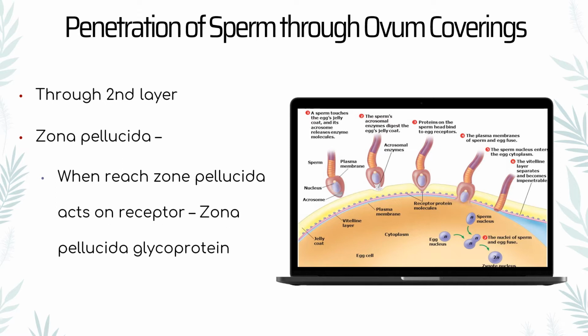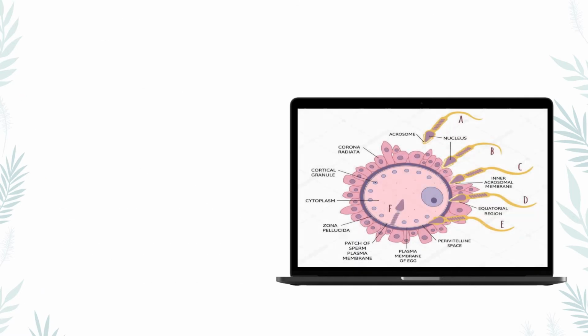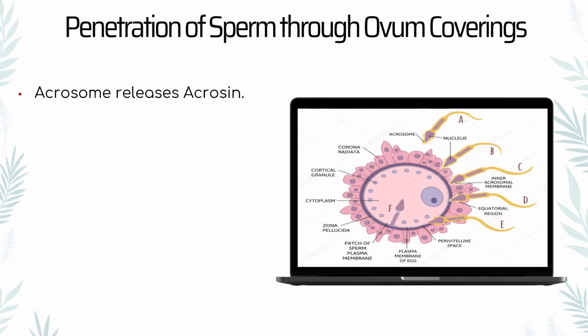The binding of the sperm to the zona pellucida glycoprotein triggers the acrosomal reaction. So the acrosomal reaction involves the release of acrosin, which is a protease enzyme, from the anterior membrane of the acrosome.